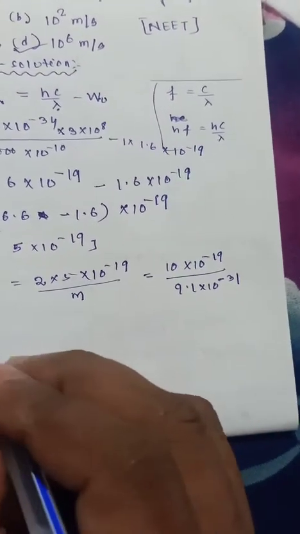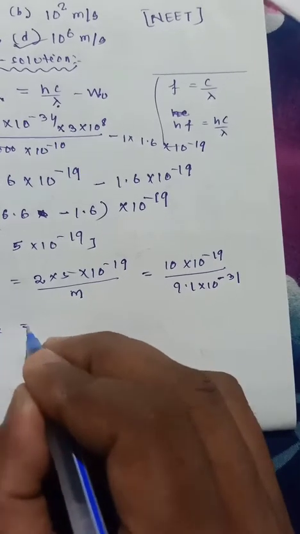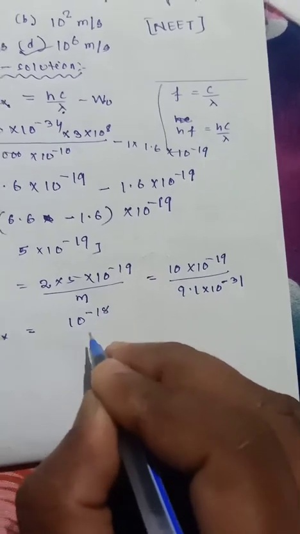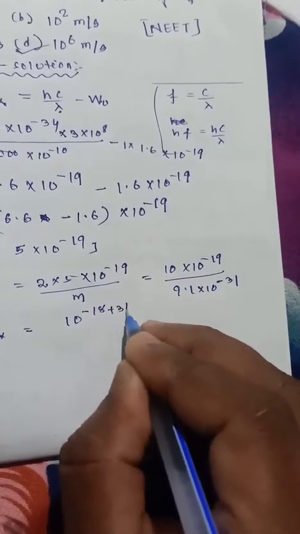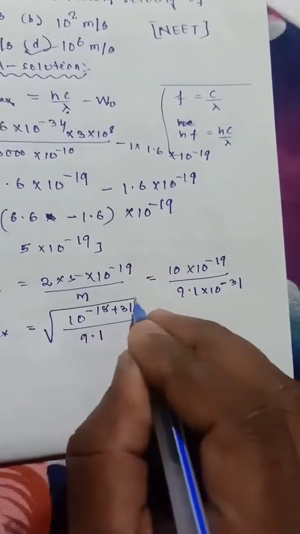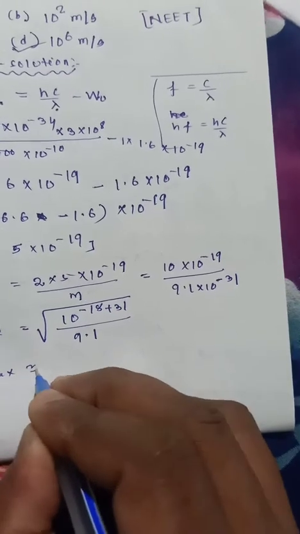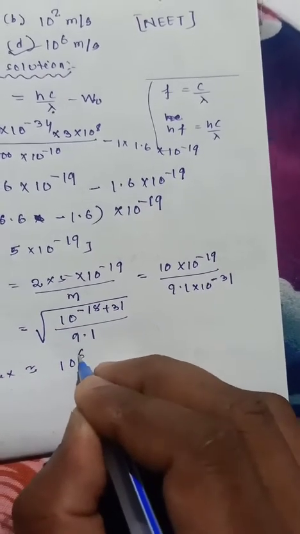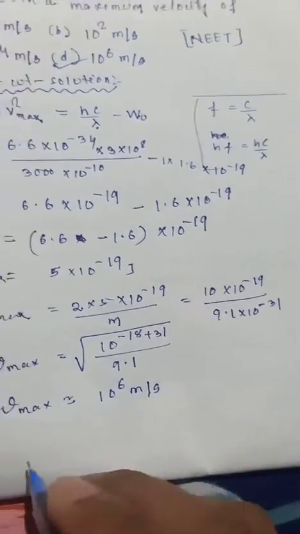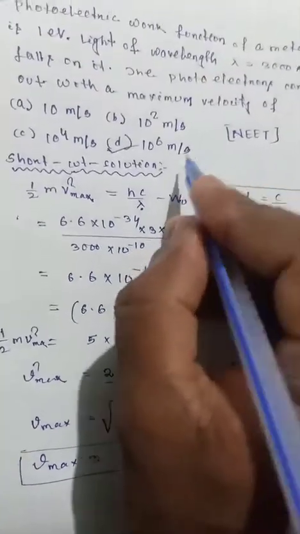So the maximum velocity is approximately 10 to the power 6 meter per second. So the correct answer is option D.